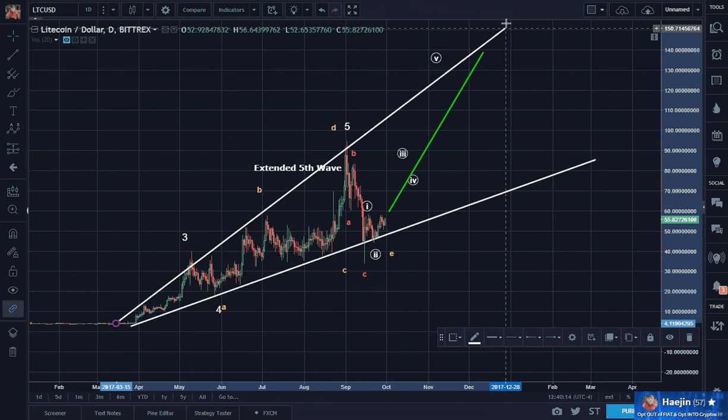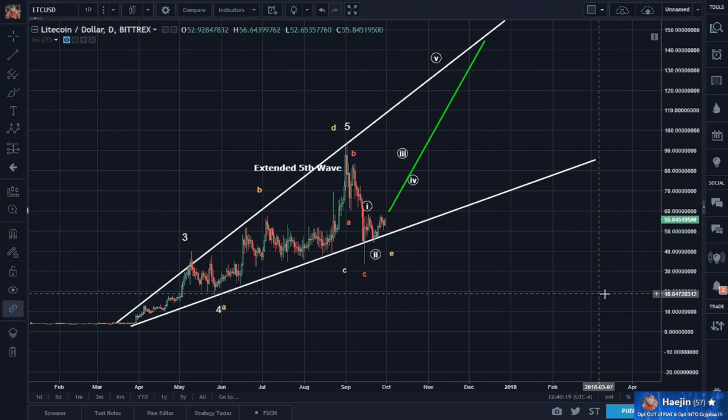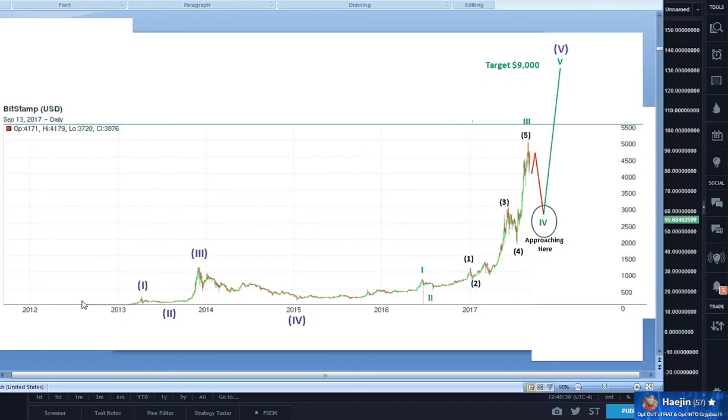For the Bitcoin wave 5. So here is the Bitcoin Elliott wave count: 1, 2, 3, 4. We sub-counted wave 5 into 1, 2, 3. I counted the top of the 3 correct. We are in an ABC. Whether the ABC is in or not, I have not yet called it. But this wave 5, I'm projecting that this wave 5 will be done sometime in Q1, Q2 of 2018 with a target of 9K.